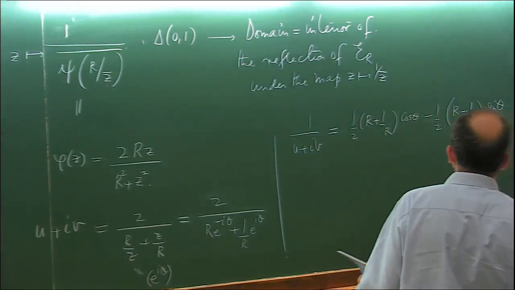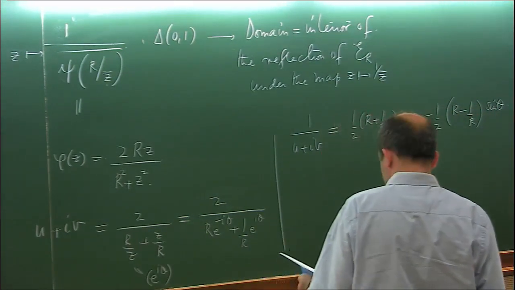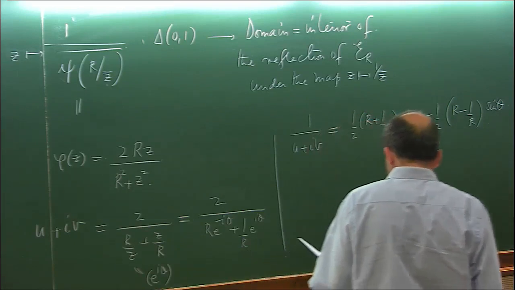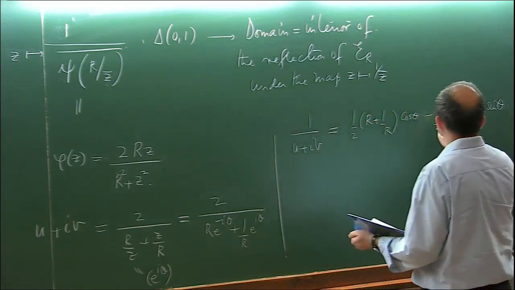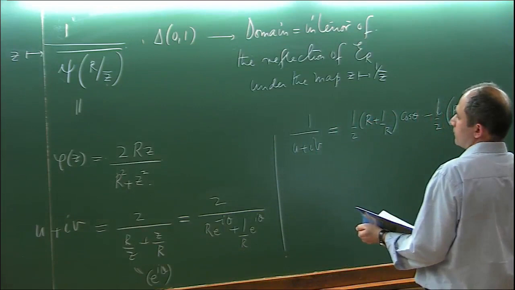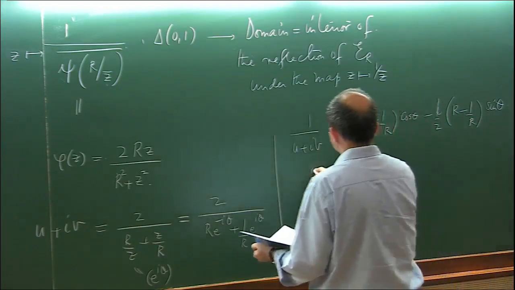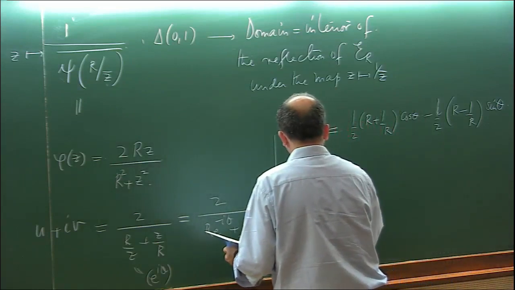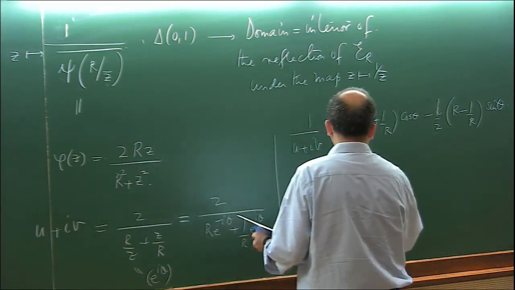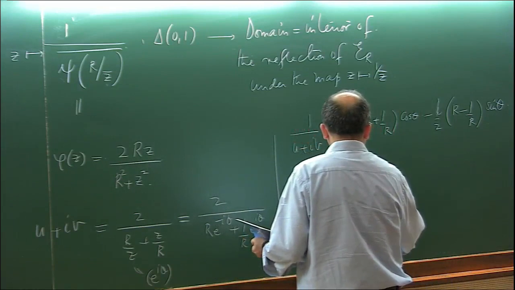I hope I got the signs correct. And this, of course, is u over u squared plus v squared minus iv over u squared plus v squared.